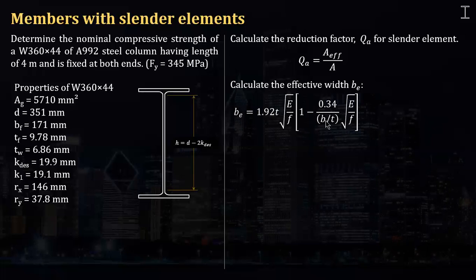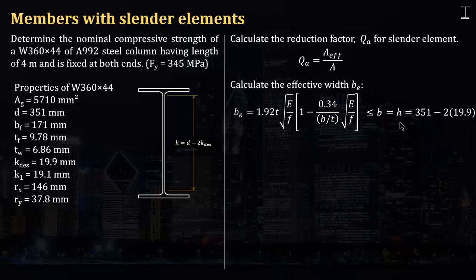And this B over T is the H over TW that we took kanina. So it must be less than B. Sometimes you could get a value of BE greater than B, and this B means this H. So if ever this B sub E becomes greater than B, then we've got to use just B, or just simply make Q sub A equal to 1 if this BE exceeds B.